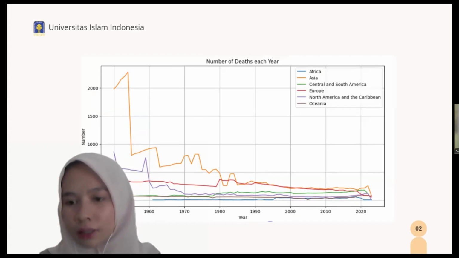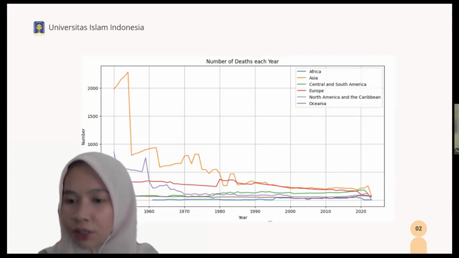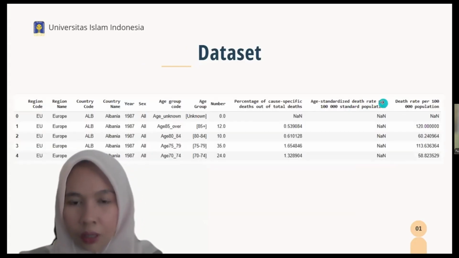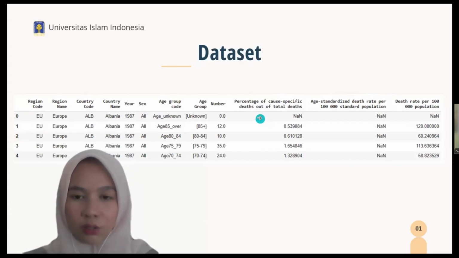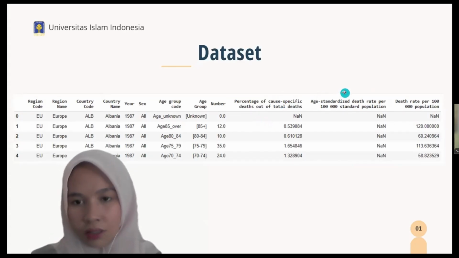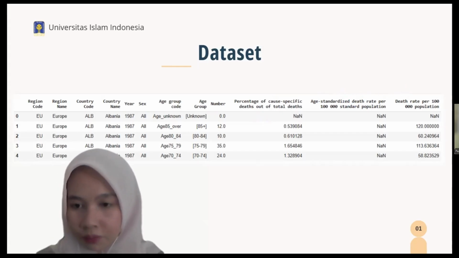So in this analysis, our main objective is to identify patterns of mortality rates across different countries using statistical exploration and clustering methods. We focus on three indicators: the percentage of cause-specific deaths out of total deaths, the age-standardized death rate per 100,000 standard population, and the death rate per 100,000 population.